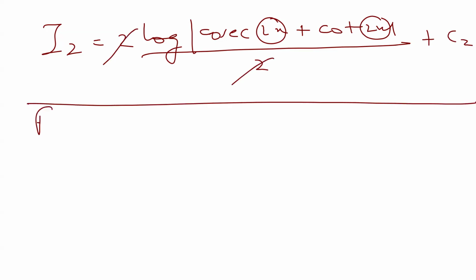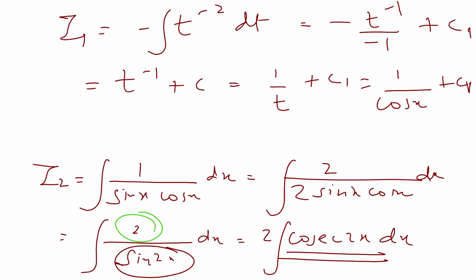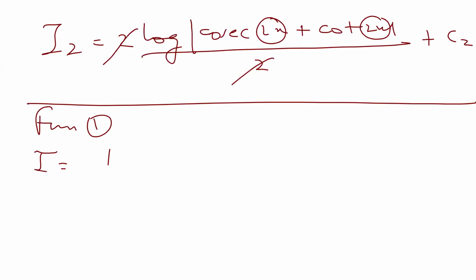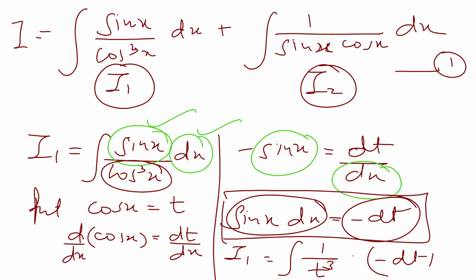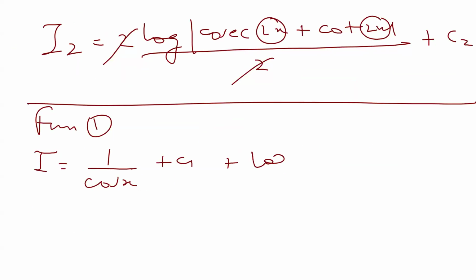Now from equation 1, I is equal to I1 plus I2. The answer for I1 is 1 upon cos x plus c1, and I2 is log mod cosec 2x minus cot 2x plus c2.